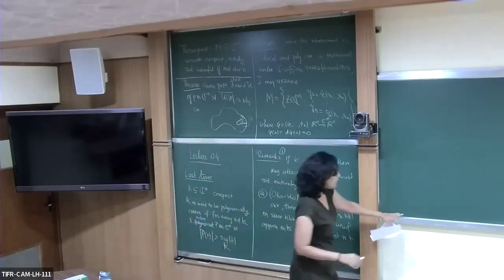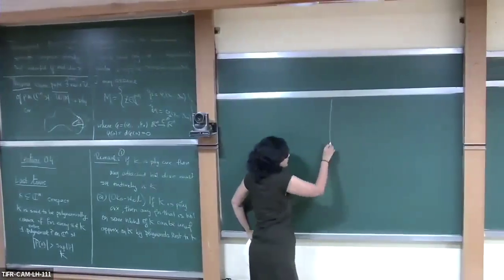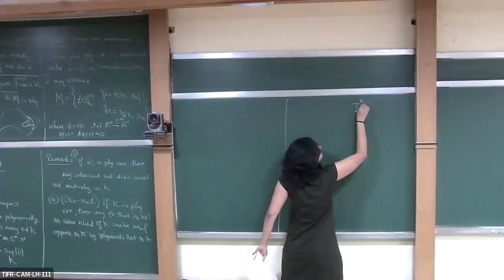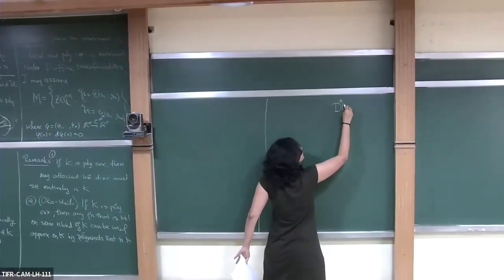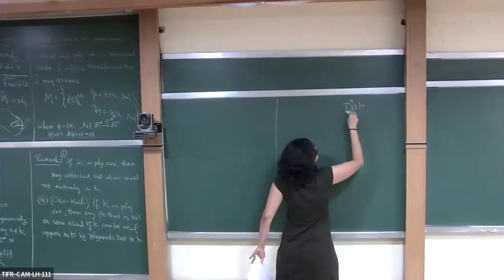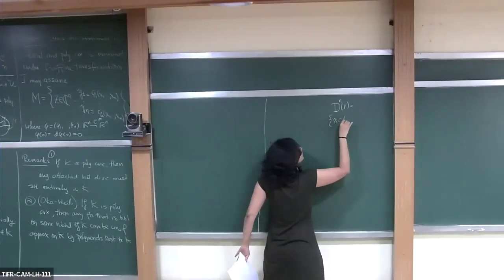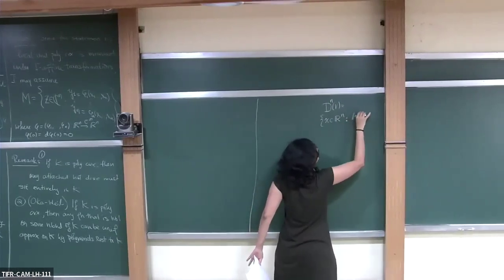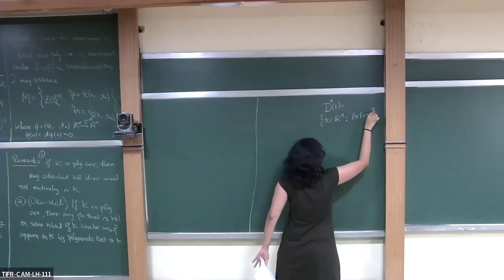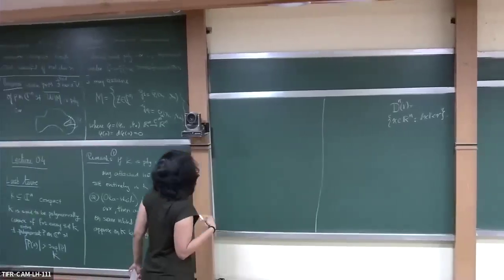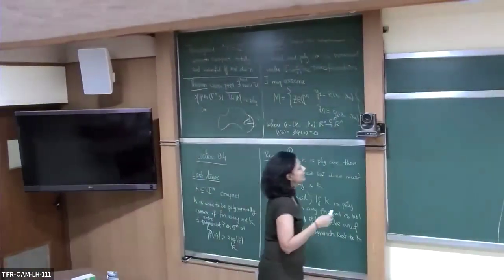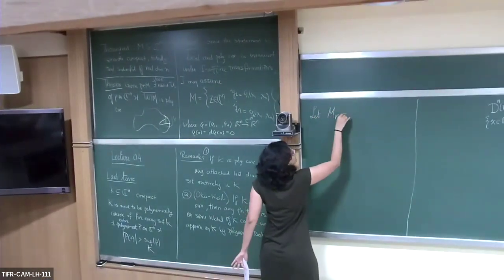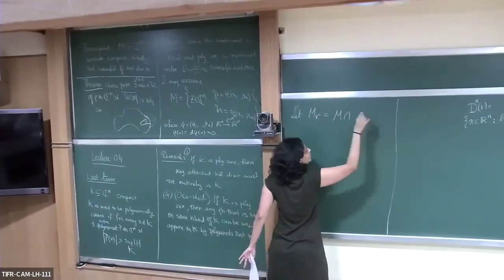Let me also introduce some notation. I use B_R to denote the open ball of radius R centered at the origin in Rn, and the closure will just be the closure of that. Let M_R denote the intersection of M with the tube over it.